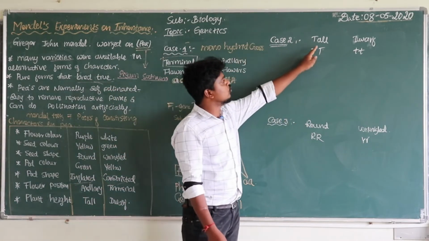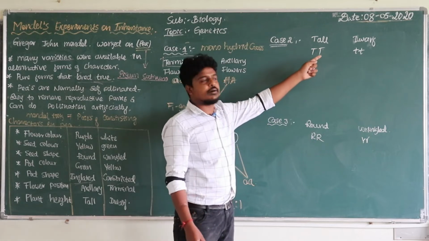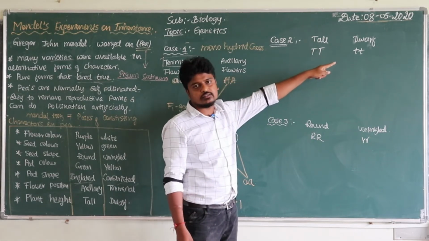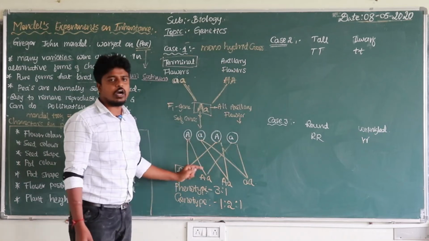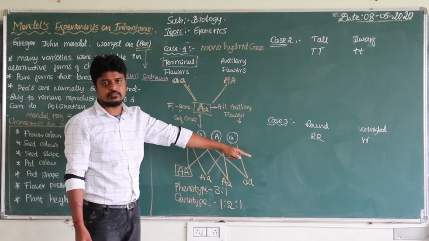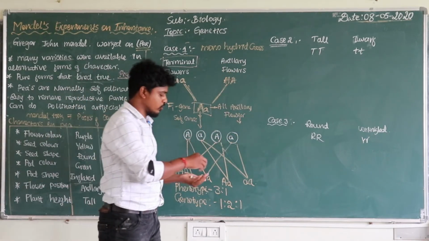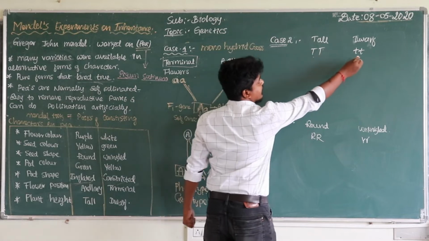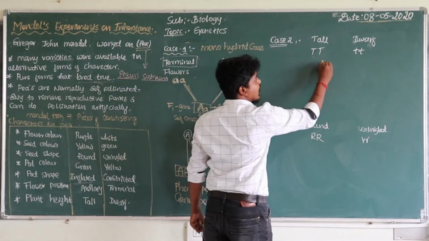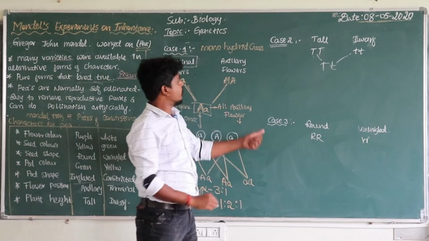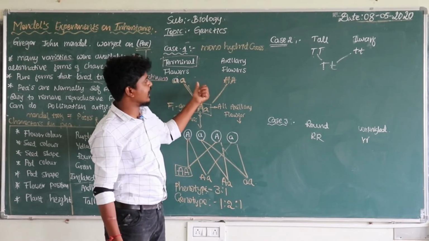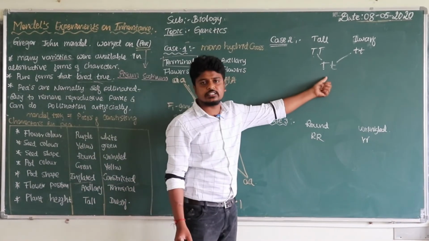In the same way, if you take case 2, for example, the tall plants and the dwarf plants. Whatever you do, you have to follow the exact same procedure in all 3 cases. For example, have a look here, the tall plant and the dwarf plant. As I told you before, when you have the same type of characters, you can take only the single characteristic.